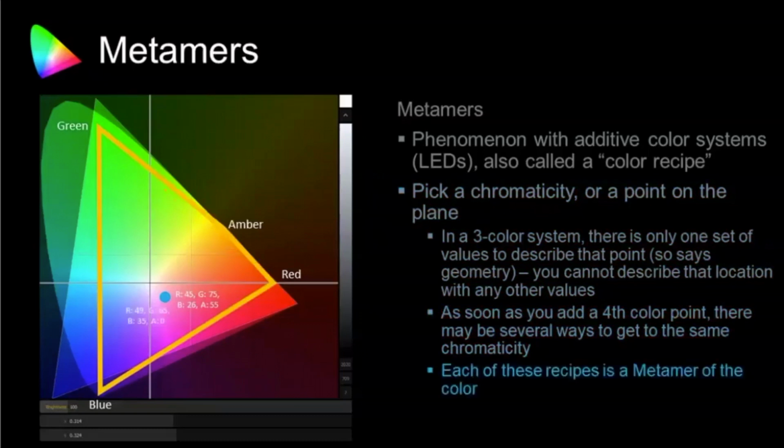So for example, this particular point in an RGB system, I could get to with different color combinations, right? And the thing is that because LEDs are very notched, this is going to maybe look the same on a perfectly white reflective wall, and that's really what the CIE color space is dealing with.